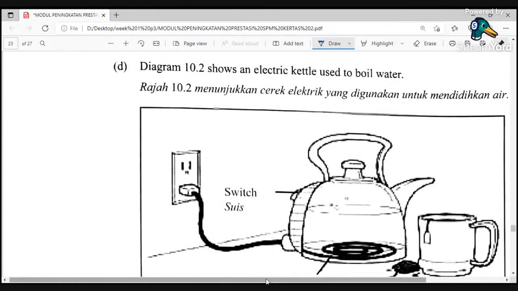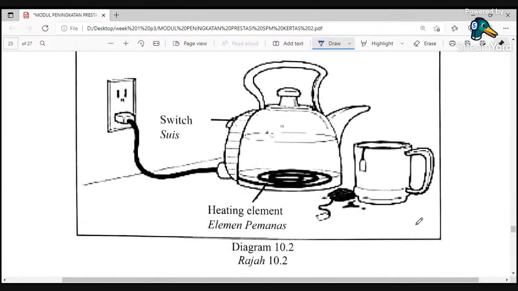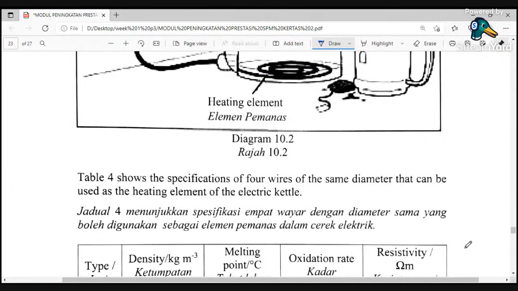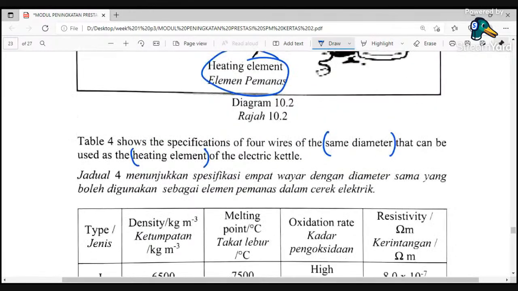Part D, the diagram shows an electric kettle used to boil water using a heating element. Table 4 shows the specification of 4 wires of the same diameter that can be used as a heating element. Remember the properties of a heating element.